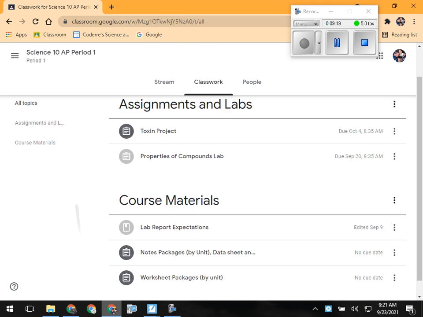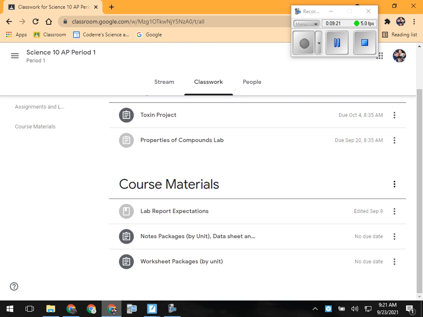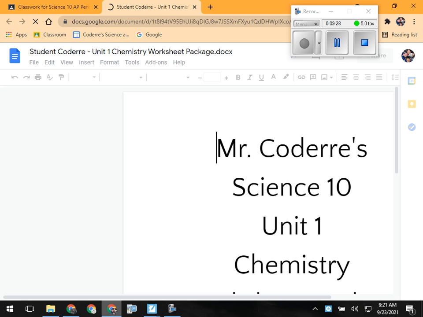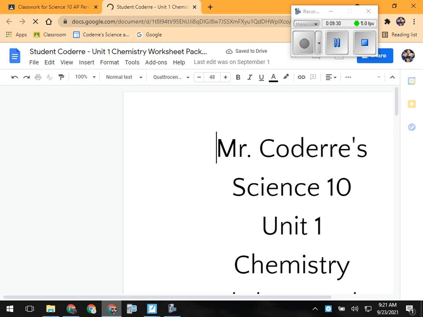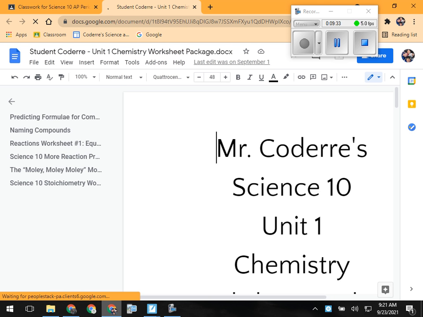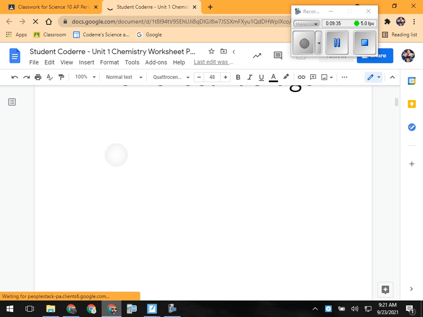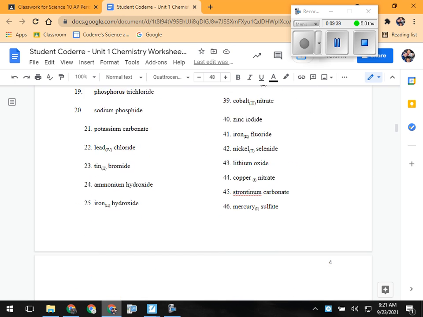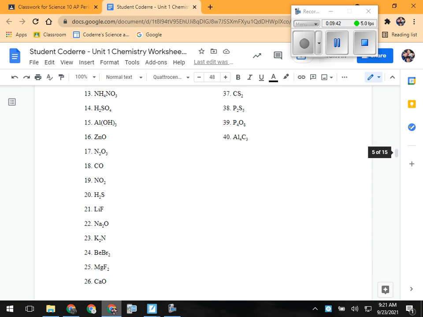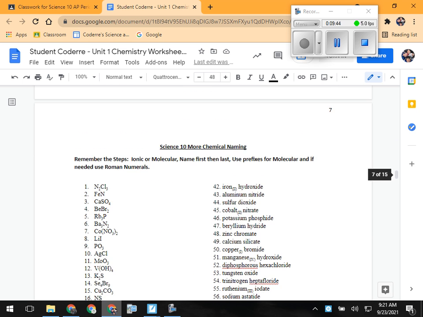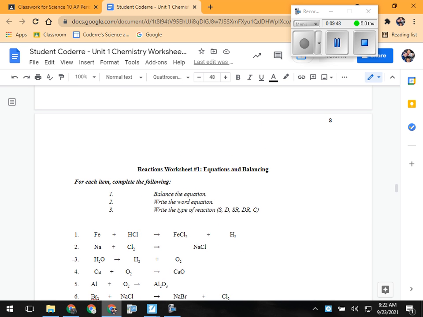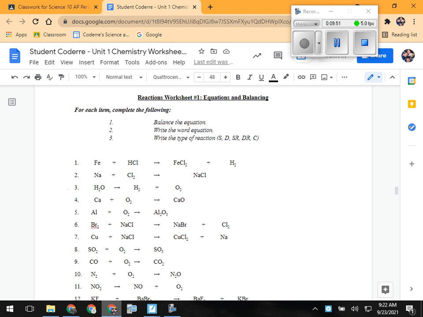In that class work tab, you've got your worksheet packages, and it's the first one. You've got all these naming worksheets too, guys, if we were talking about those the other day. Lots of them. All right, so this is the one I'm talking about here. It's on page 8 of that digital workbook.